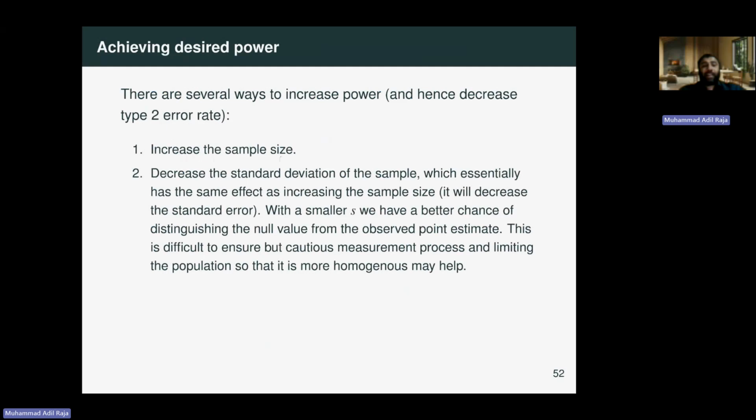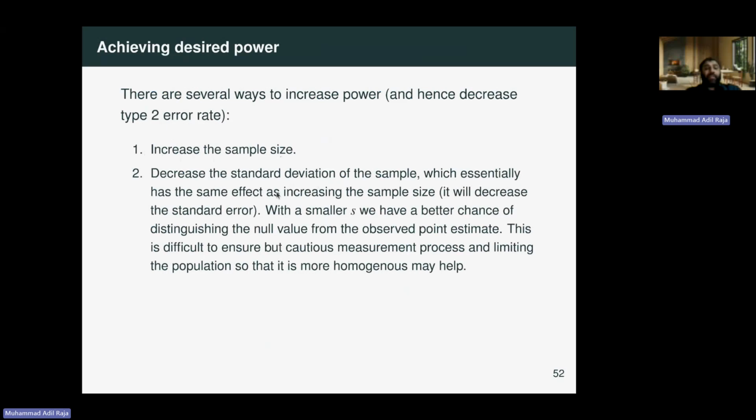It will decrease the standard error. With the smaller s, we have a better chance of distinguishing the null value from the observed point estimate. This is difficult to ensure, but a cautious measurement process and limiting the population so that it is more homogeneous may help.